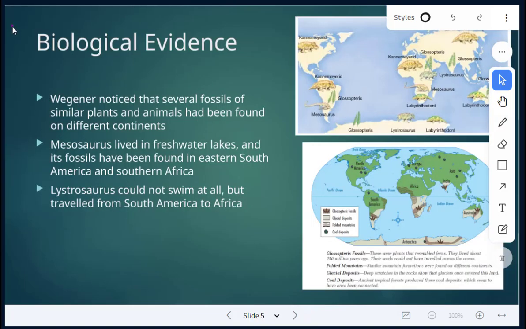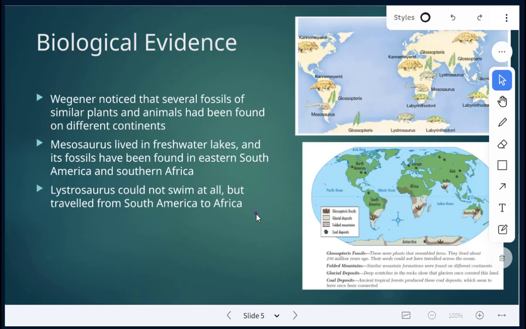What other evidence? There was biological evidence as well. So Wegener noticed that several fossils of similar plants and animals have been found on different continents. So for example, like fossils of these organisms here, and these ones and these ones. So, Mesosaurus lived in freshwater lakes, and its fossils have been found in eastern South America and southern Africa.